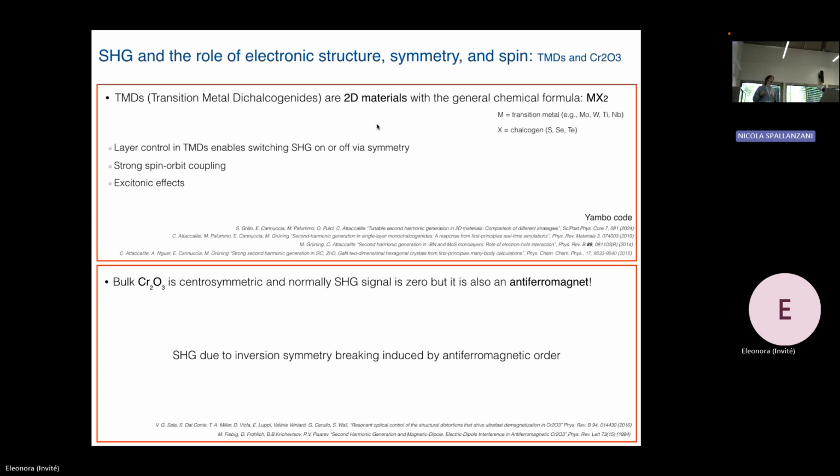And what is nice to show you as an example is that when you calculate Chi2, Chi2 can contain different things. It can have some electronic part, ionic part, but also you can have some magnetic part. So it can be a quite complicated response. And in Cr2O3 it is important for the magnetic part, which is just an example.